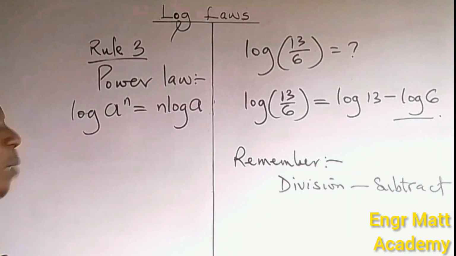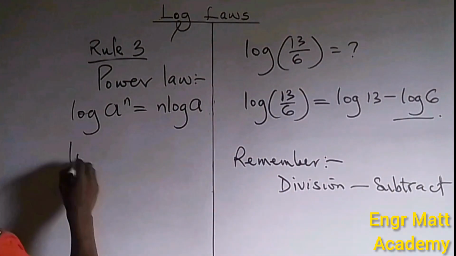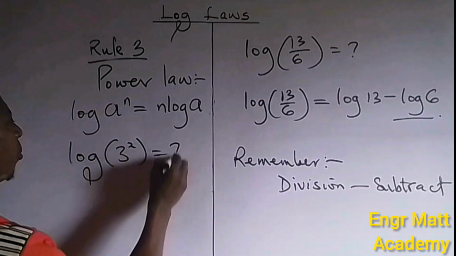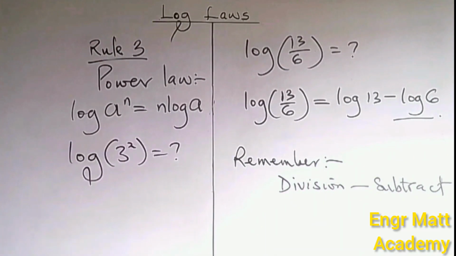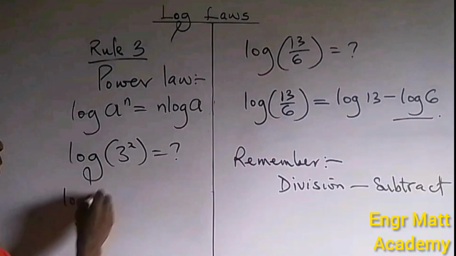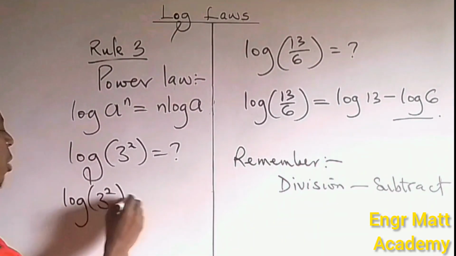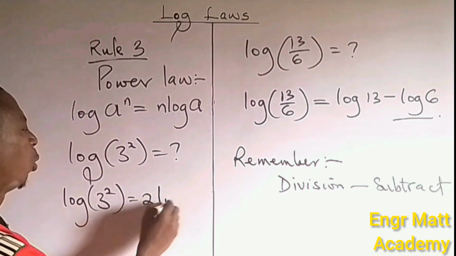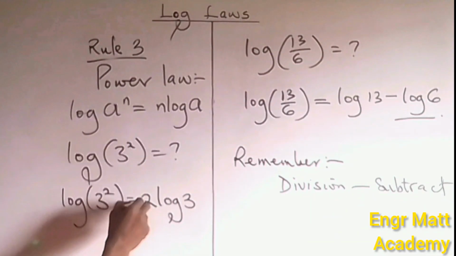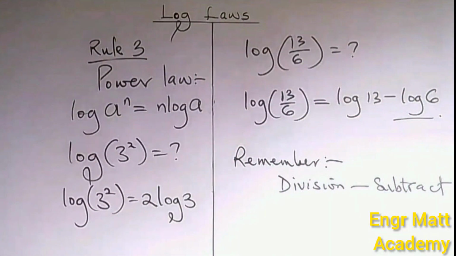Let's see a quick example. Simplify log 3 raised to the power 2. What do we do? We bring down the power. We say log 3 squared is equal to 2 log 3. We bring down the power and place it in front of the log.